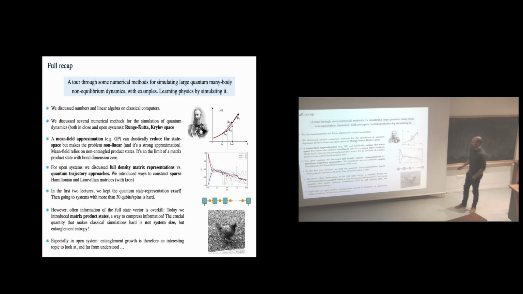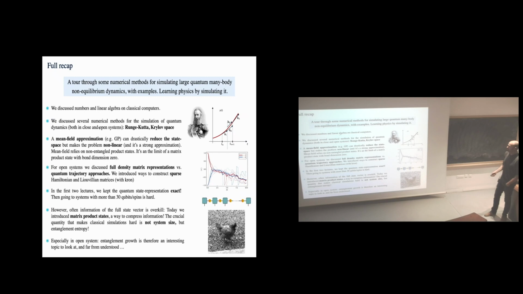Just some general Swiss Army knife tool to do any type of evolution. So there are these Runge-Kutta methods and these Krylov space type methods. Krylov space is particularly important because you typically want to have Hamiltonians that are very sparse, and this is a method that exploits this sparseness quite efficiently.